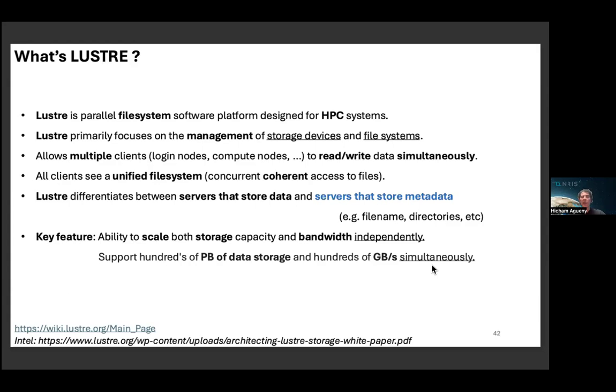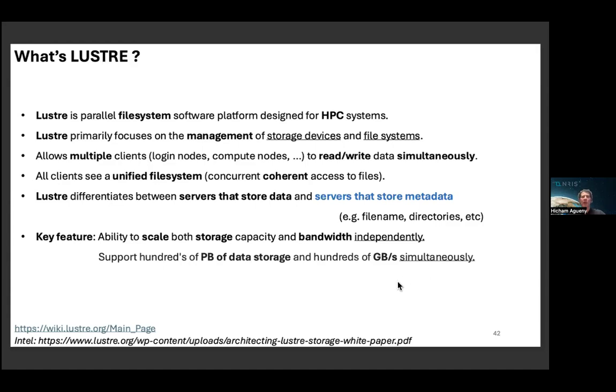Lustre allows multiple clients, which can be login nodes or compute nodes, to read and write data simultaneously. Another key feature of Lustre is the ability to scale both storage capacity and bandwidth independently, meaning that you can add more storage without affecting the bandwidth, and you can increase the bandwidth without affecting the storage.